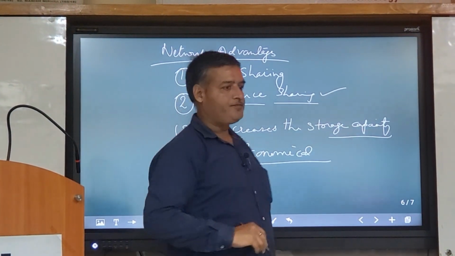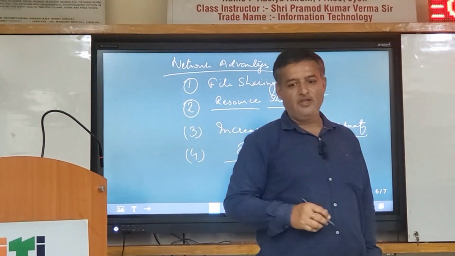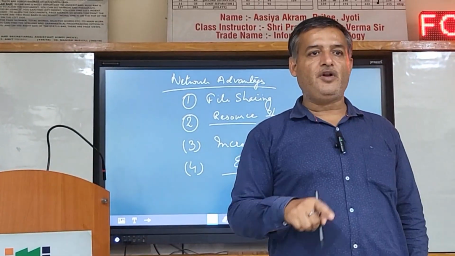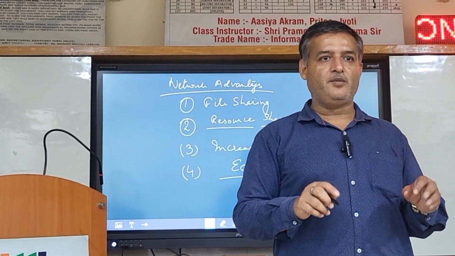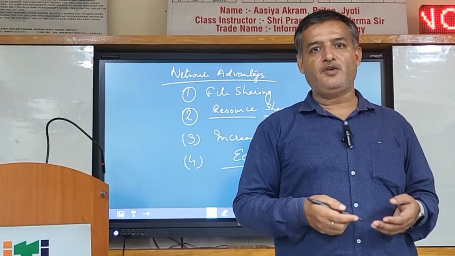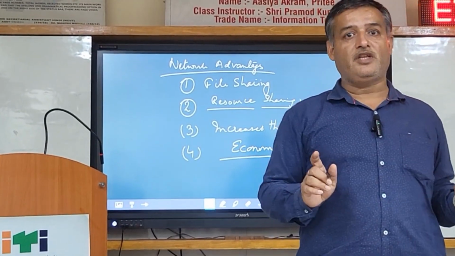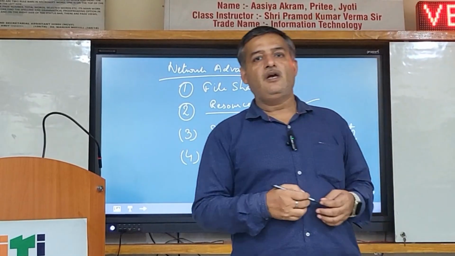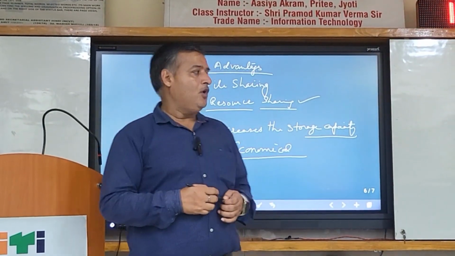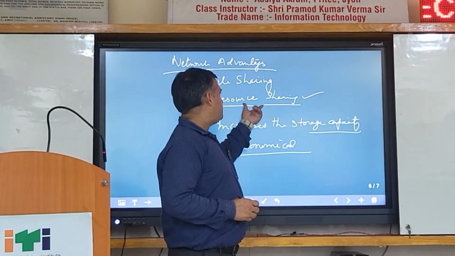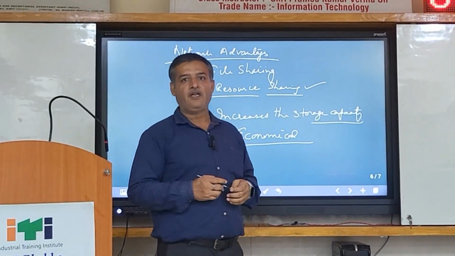Economical means, as I already told you, that with a single printer, a number of computers can share it. I am repeatedly giving you the example of 10 computers, but it doesn't mean that only 10 computers are there; maybe 20, maybe 50 are located in the network. So all those computers share the resources of the same printer.